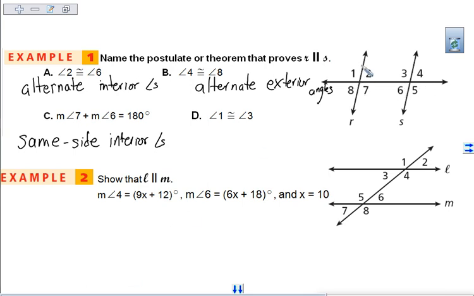And last up, angle 1 and angle 3 are congruent. They are on the same side of the transversal, but one is outside and one is inside the lines R and S. So these are corresponding angles.